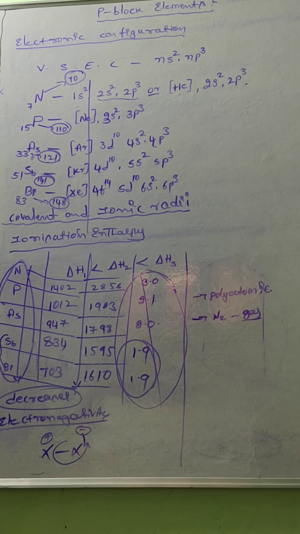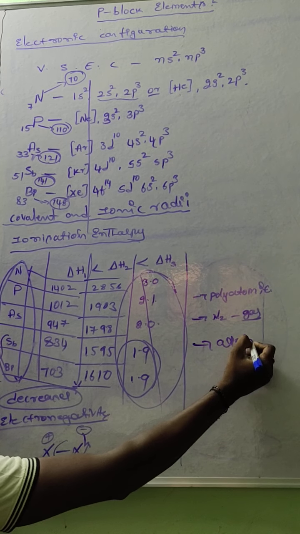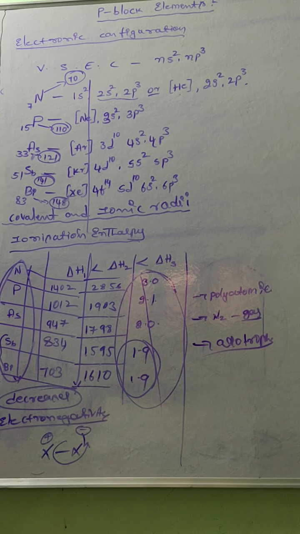Except nitrogen, all the elements show allotropy, which is a very important concept. Allotropes are different forms of the same element. That is why nitrogen cannot show allotropy, but the remaining elements like phosphorus, arsenic, bismuth and antimony show allotropes.